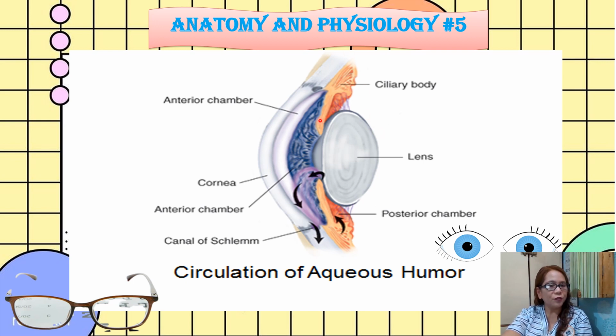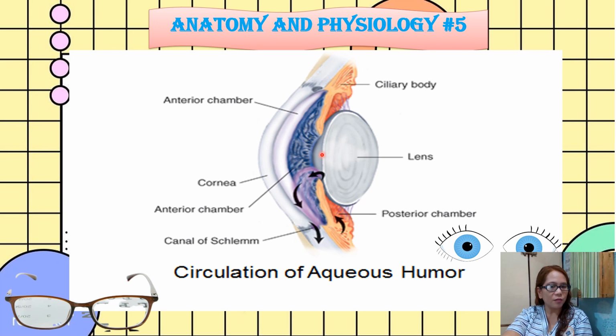And you have two fluids. No, may dalawang fluids ang ating eyes. Yan. Diba? Yung vitreous humor and the aqueous humor. So, the vitreous humor is the clear gel. So, parang siyang gel that fills the space between the lens and the retina.